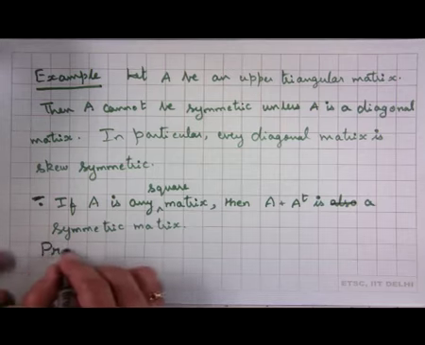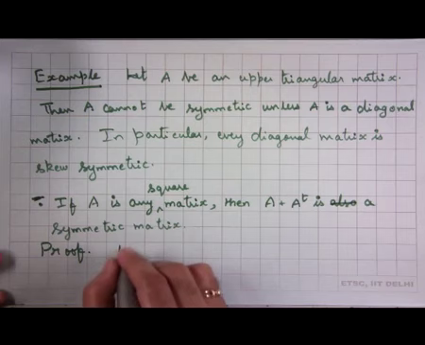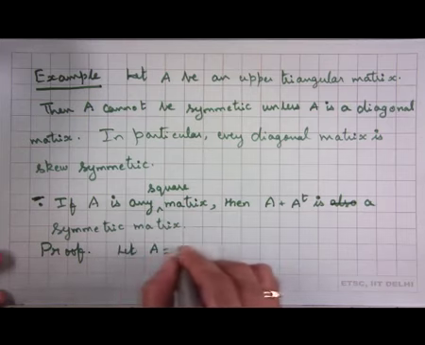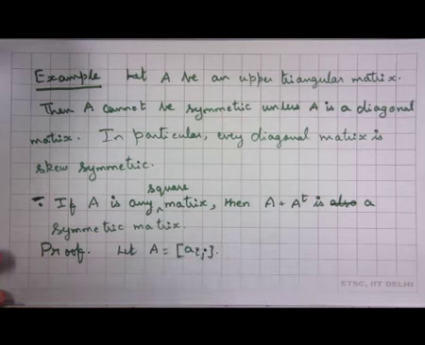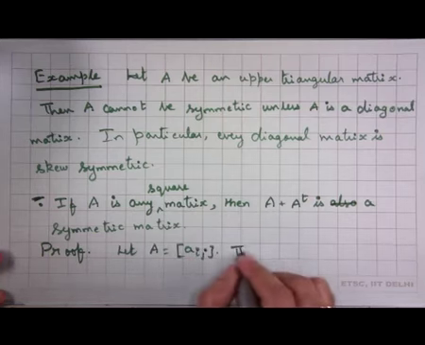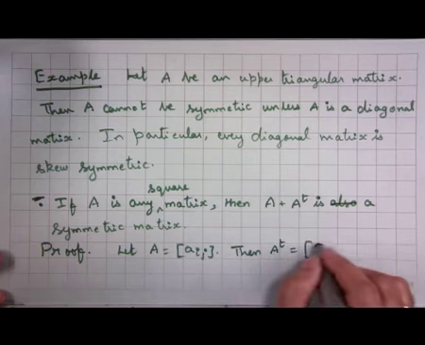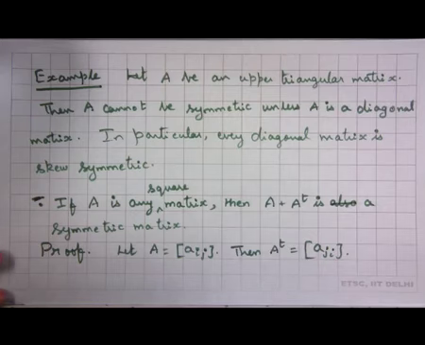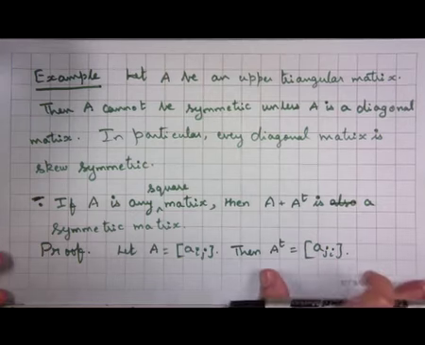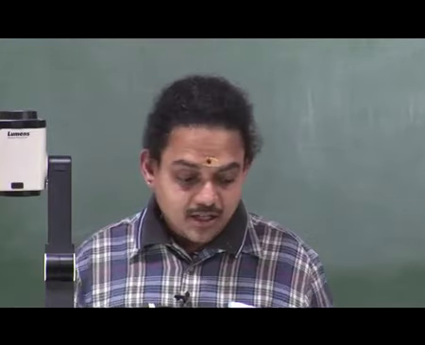Proof. How to prove this? So, let A equal to Aij, it is a square matrix, then A transpose, the ijth entry of A transpose is Aji. Fine. Now, let us try to calculate A plus A transpose.